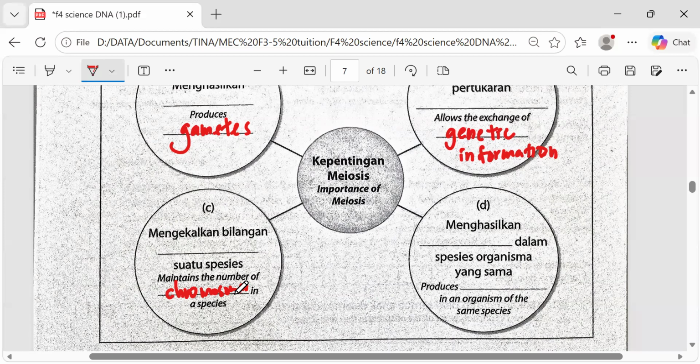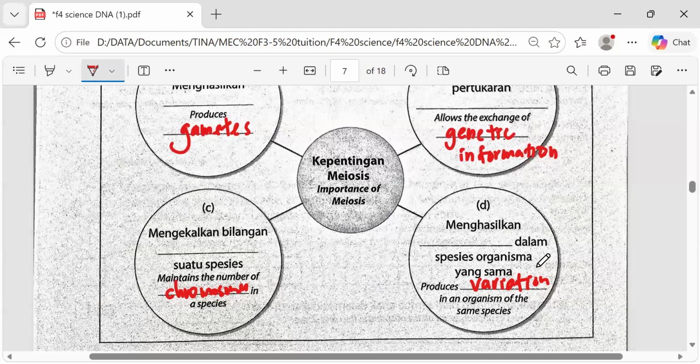Alright, it produces variation. Do you remember what is variation? Is variation everyone the same or everyone different? Different, because the genes will mix up, mix up, mix up. I give you a green eye gene, you give me a black eye gene. I give you curly hair, you give me straight hair.